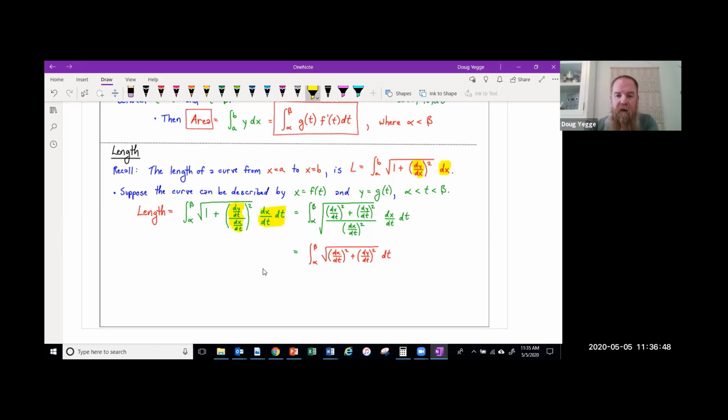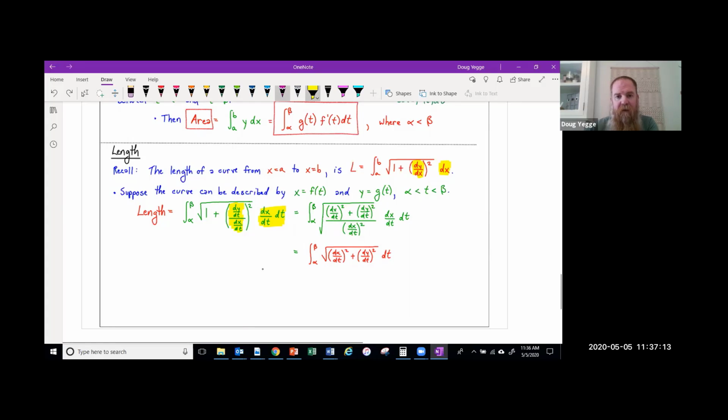So look at what we can do at this point. We could get a common denominator to merge 1 plus that quantity squared. So we just got a common denominator, which allowed me to combine these into one fraction. But notice if I take the square root of top and bottom, the square root of the denominator is just going to be dx dt.